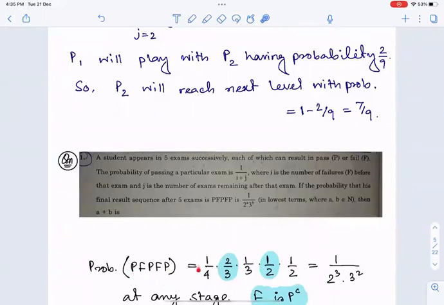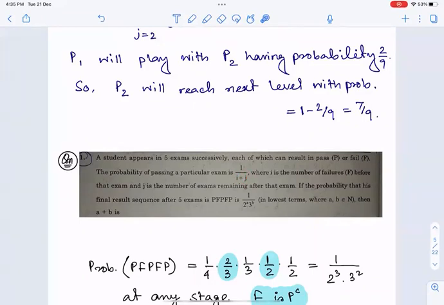So the probability of passing the first round is going to be 1 by 4, as there are 0 failures before that, so i is 0, and 4 examinations left after that, so j is 4, giving us the probability 1 by 4. In the second round, the probability of passing: no failure before that, so i is again 0, and after the second examination, 3 more examinations are left.